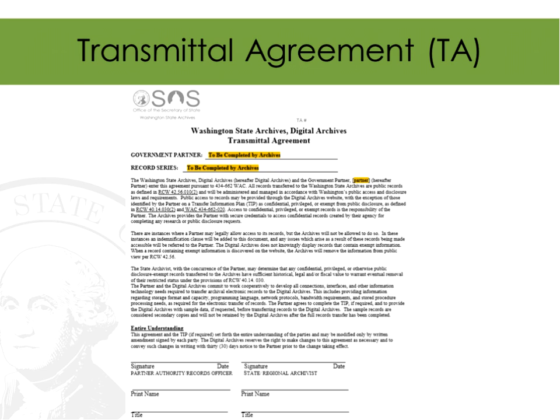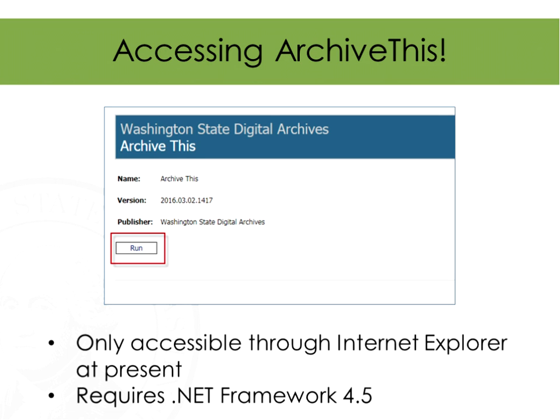The electronic records archivist at the digital archives will set up this record and complete the part at the top, and this sets up the legal groundwork for these records to come to the archives. You see at the bottom that the appropriate authority at your agency or the records officer signs it, and then also the appropriate regional archivist or branch archivist or the state archivist can sign this on our side.